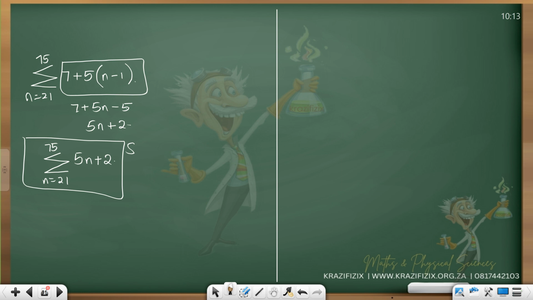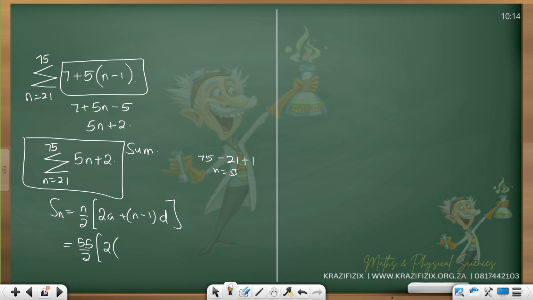All right, it's a sum. So we know Sn equals n over 2, 2a plus n minus 1 d. That's what it means. How many terms do we have? 55. How did we get 55? 75, top minus bottom, plus 1. Right? So n is, so there are 55 numbers. Okay? 55 over 2. Already I can tell that there's a problem.